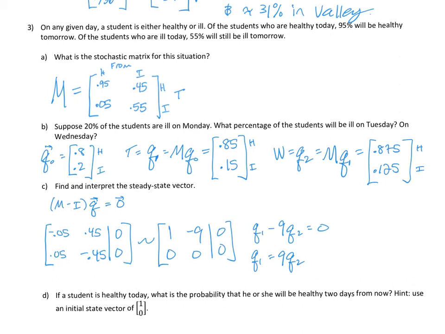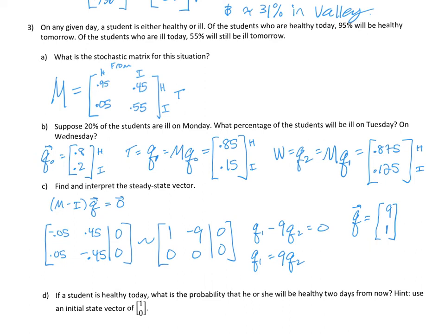And I can pick any value for Q2 because it's a free variable. Because I have a free variable, there are infinitely many solutions, so I'm just going to find one. I'm going to let Q2 be 1, and that means Q1 would be 9.